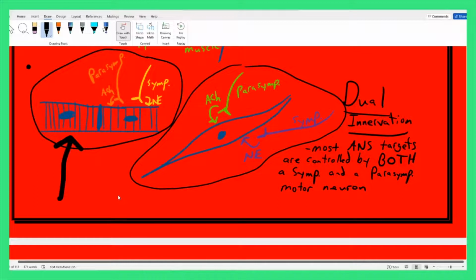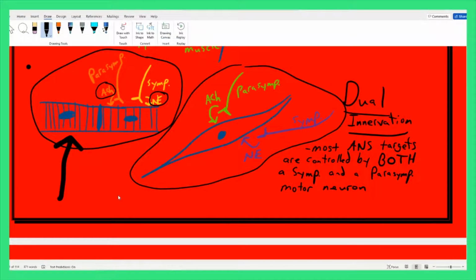If I tell you that acetylcholine is inhibitory to cardiac muscle, makes it slow down, reduces your heart rate, what would you then know norepinephrine does to the same target? If acetylcholine slows your heart, norepinephrine speeds your heart.